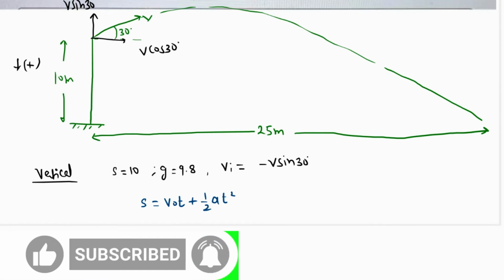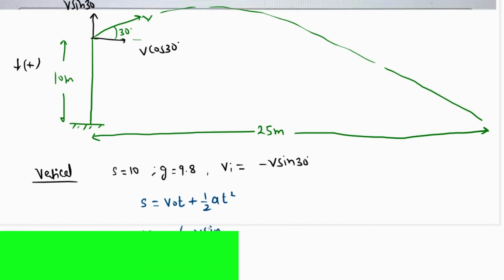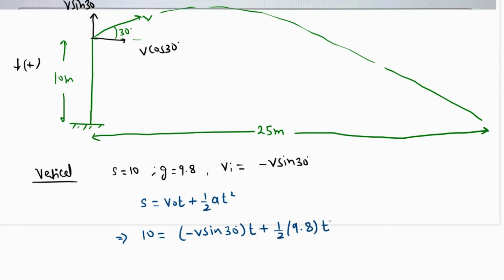So we can get the time from here. s is 10, the initial velocity is negative v sine 30, times t, plus half 9.8 t square. So this can be written as, now 9.8 over 2 is 4.9, so 4.9 t square minus, v sine 30 is v over 2, so v over 2 times t minus 10 is equal to 0. Let's call it equation 1.